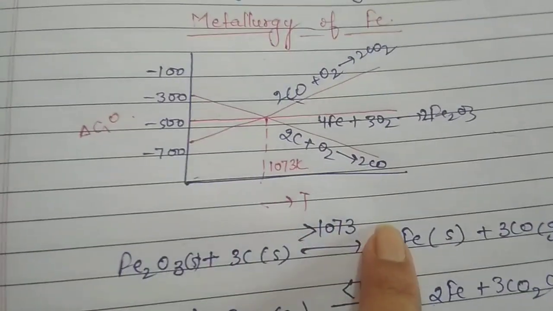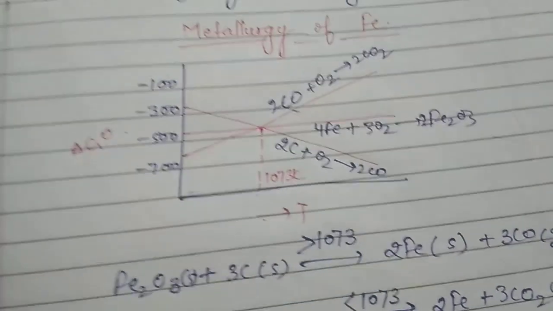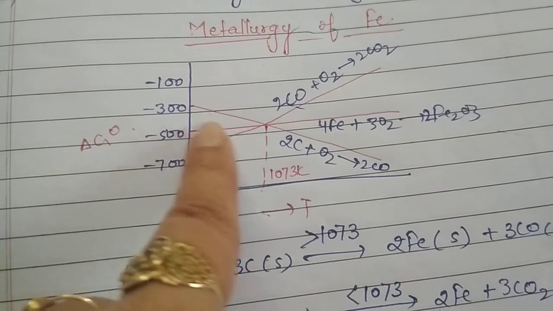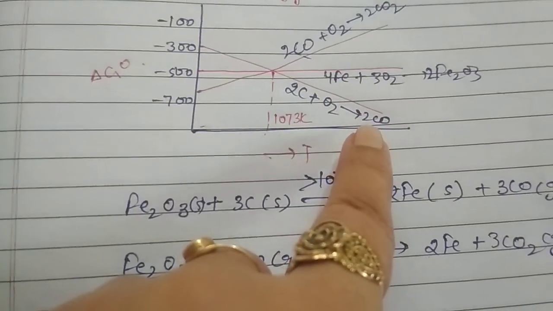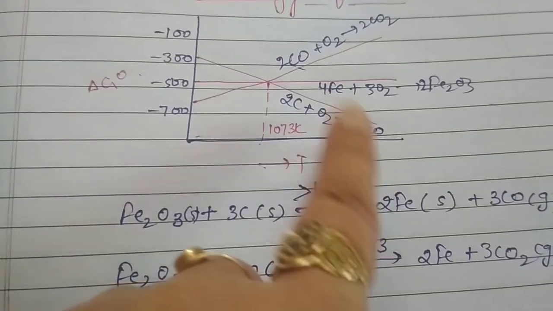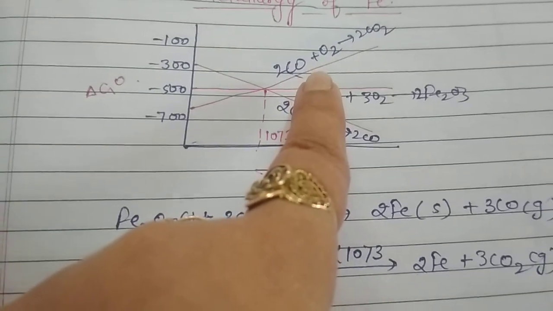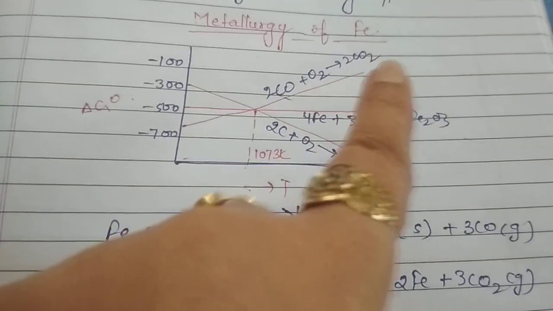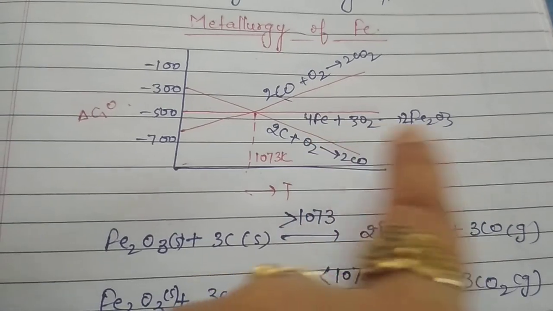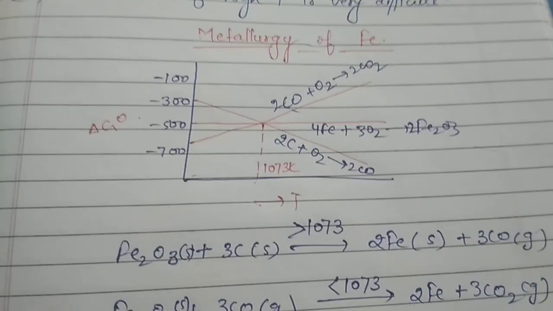As we are able to see here, three graphs are there. In one case, carbon is oxidized to form carbon monoxide, in other carbon monoxide is oxidized to give carbon dioxide, and the third one is the formation of iron oxide.